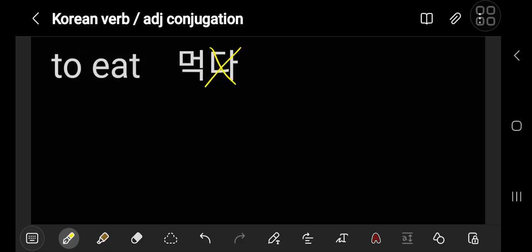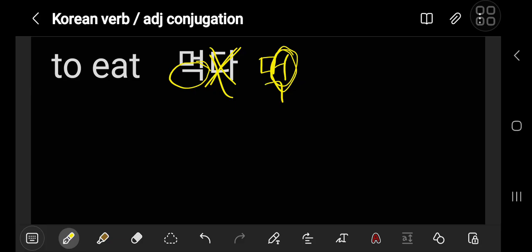So 먹다. Now, the thing is, there are going to be some slight variations with some irregularities. That happens in every language. This is still on the regular side, but it's a little bit different than the other ones because we have this 받침. So we have to consider that as well. But we get rid of our da. So now we have our 먹, and we look at the vowel here.